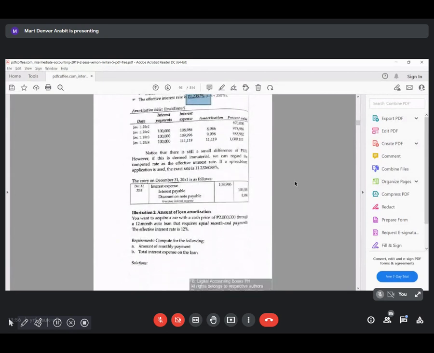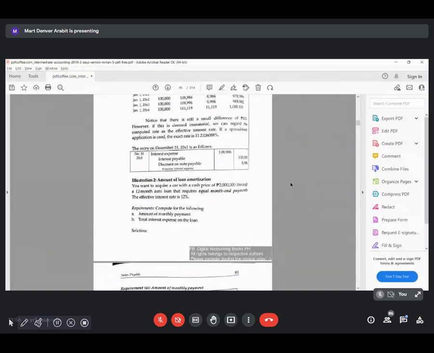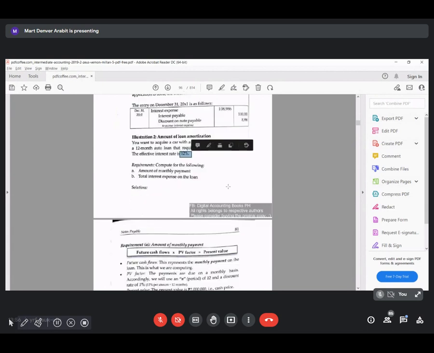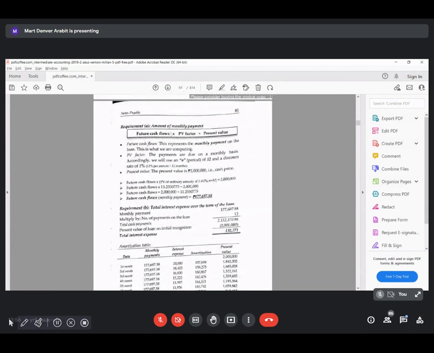Illustration 2, amount of loan amortization, equal month-end payments, effective rate is 12%. So, future cash flows times present value factors. So, ito siya. Ang future cash flows niya is 2 million at 12 periods, which ang present value factor niya is 11.2550775, which is equal to 12 million.